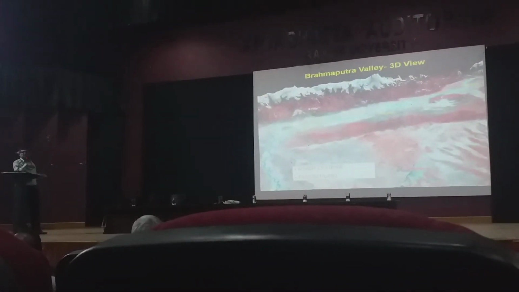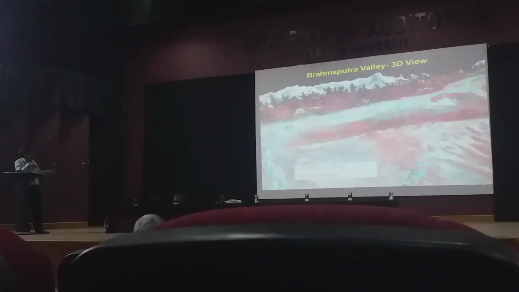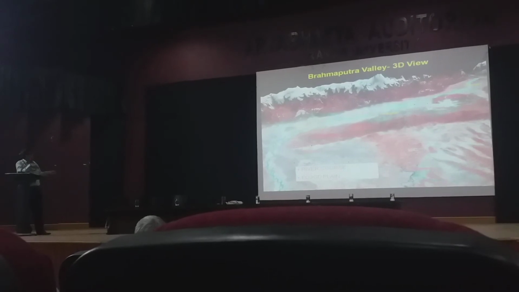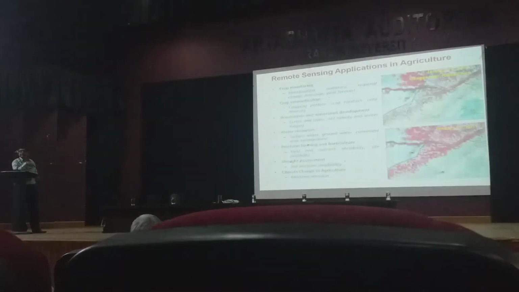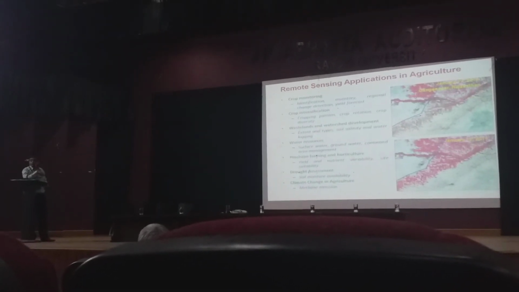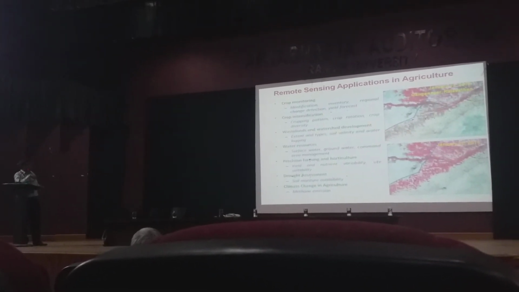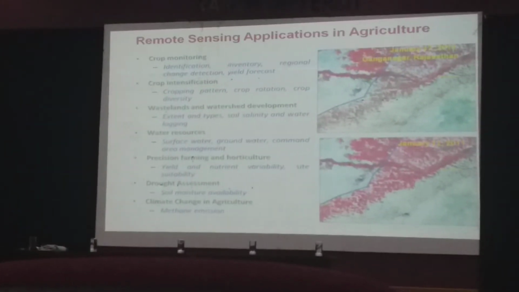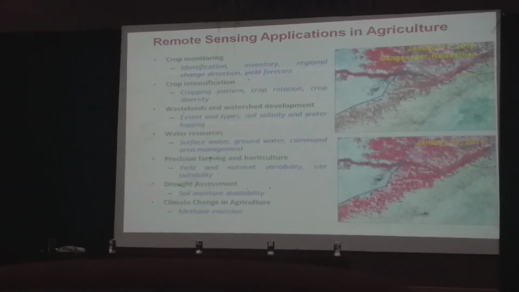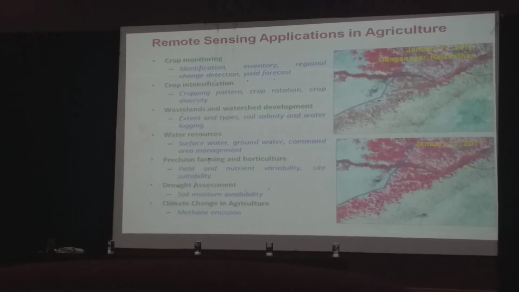Some examples I will just go through about remote sensing. In agriculture there are a number of applications using satellite data: crop monitoring, crop intensification, watershed monitoring, drought assessment, and so on.